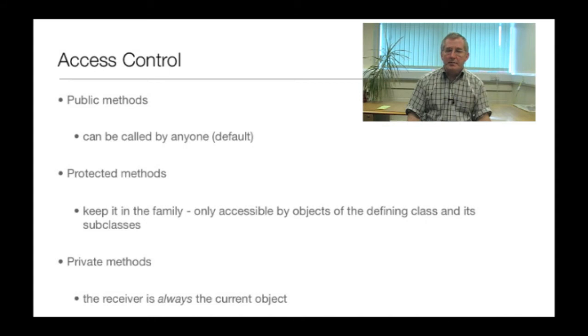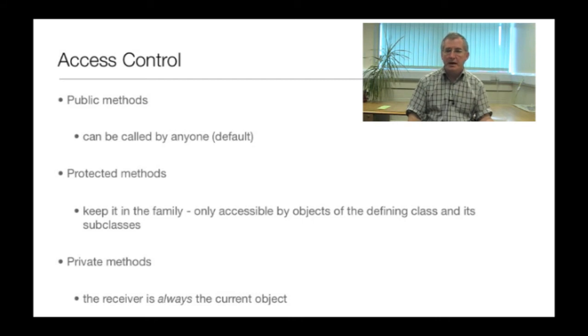That's no great surprise. The thing that is a little bit and very significantly different are private methods, and they are strictly used only by the current object. So the receiver of a method that is declared as private can only be the current object. It calls private methods on itself.